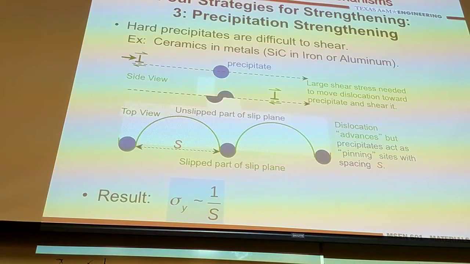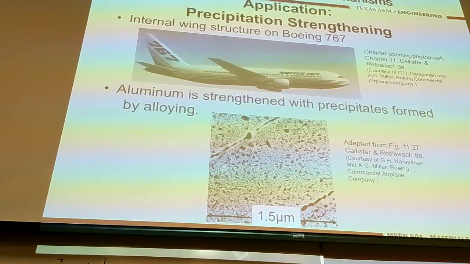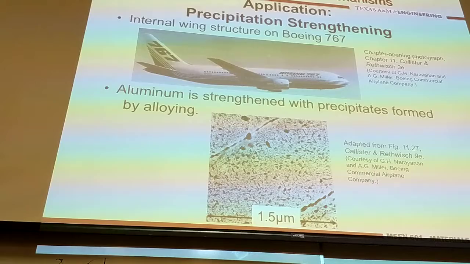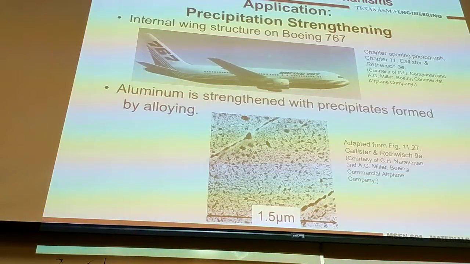These give us different ideas of how you can strengthen metals using different methods. Again, everything is dealing with what? Dislocation motion. Very, very important.